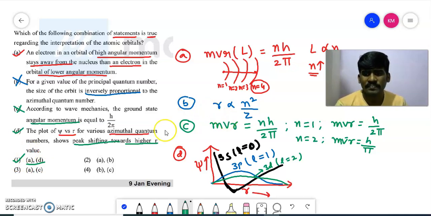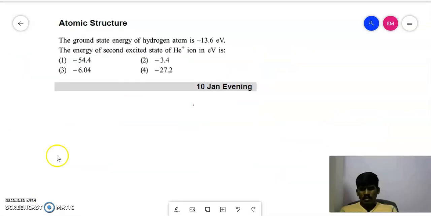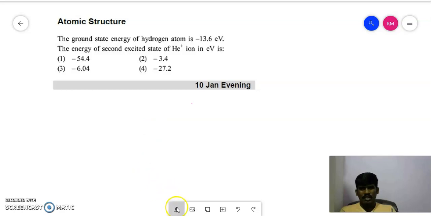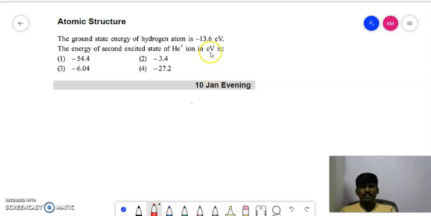The question is: the ground state energy of hydrogen atom is given as minus 13.6 electron volt. The energy of the second excited state of He plus ion will be? The formula for the energy of the nth orbit is minus 13.6 into Z square upon n square electron volt.